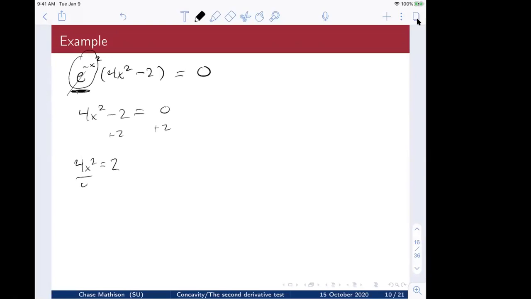I can divide by 4. So I get x squared is equal to 1/2. And so I get x is equal to the square root of 1/2 plus or minus. Okay. Which I'm going to write as plus or minus 1 over the square root of 2.